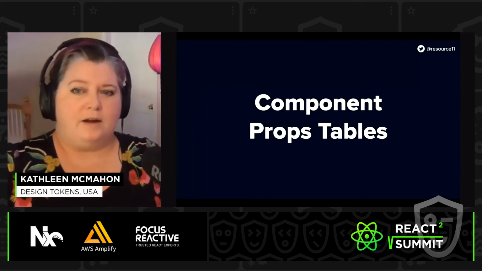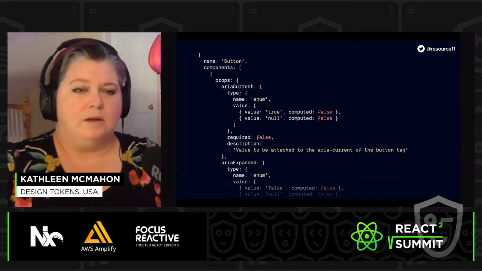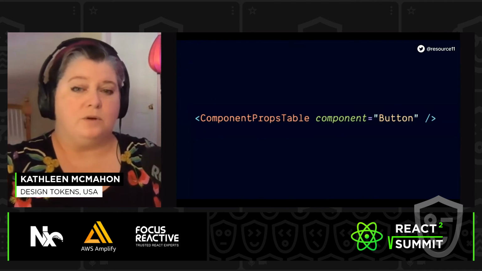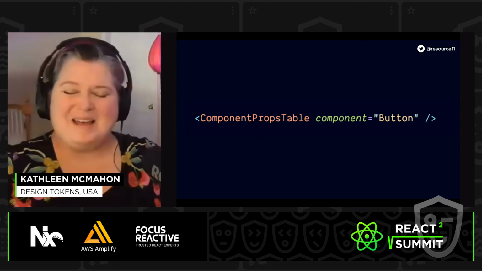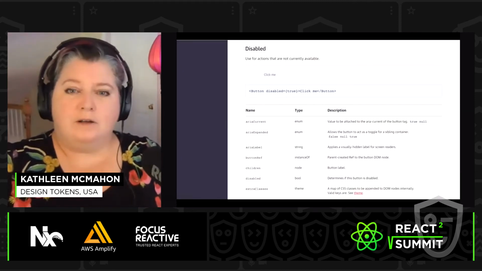If we wanted to add a props table to show which props can be used with the component, we created a props table component that pulled in data to render as a table. Pop that component into the docs MDX file, pass in the name of the component to render, voila, the docs would show a props table.